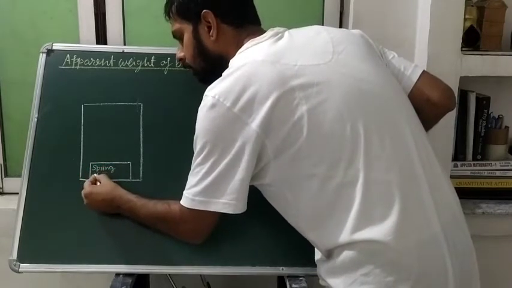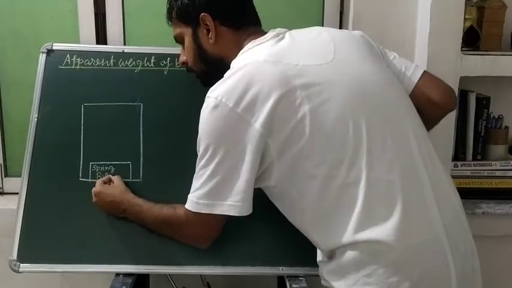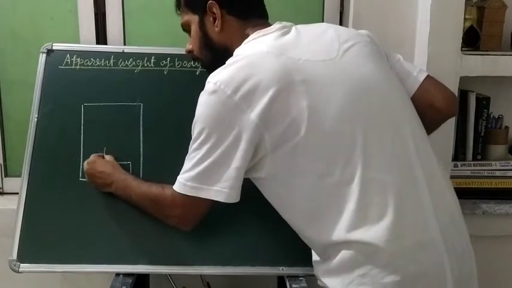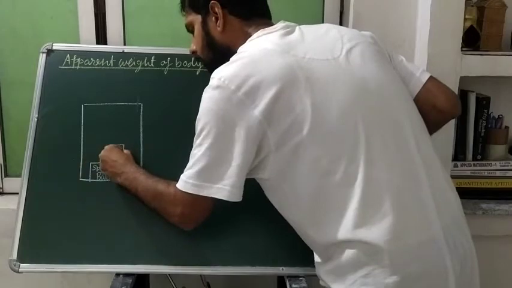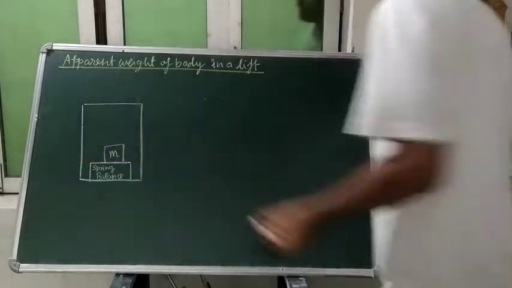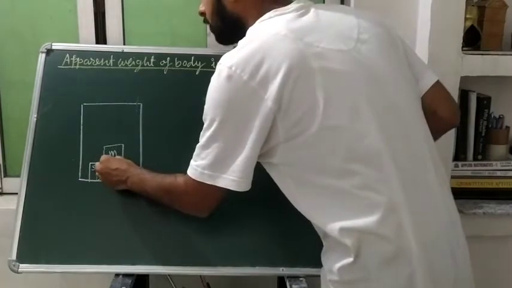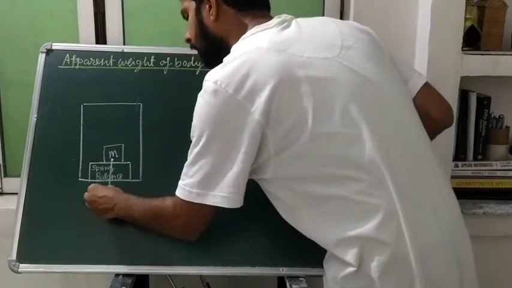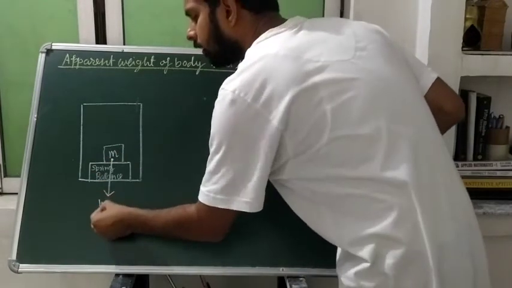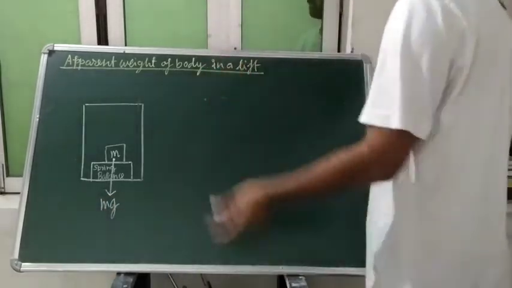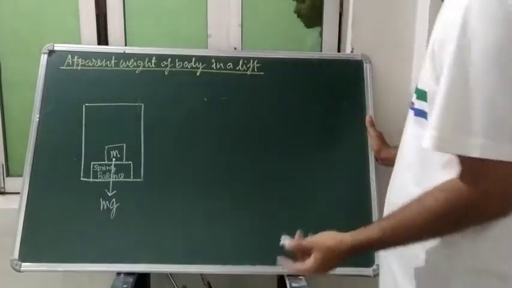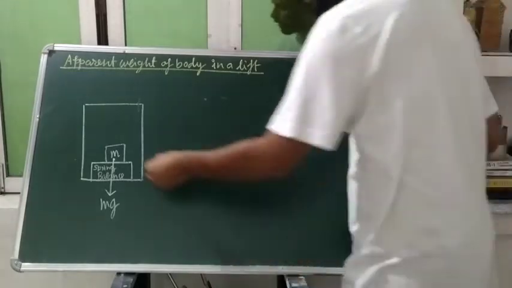Spring balance, and there was a weight. We can say that a block was there which has that weight, mg, and due to the gravity force, that weight will act in the downward direction.